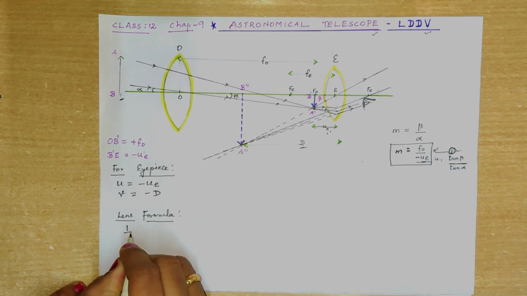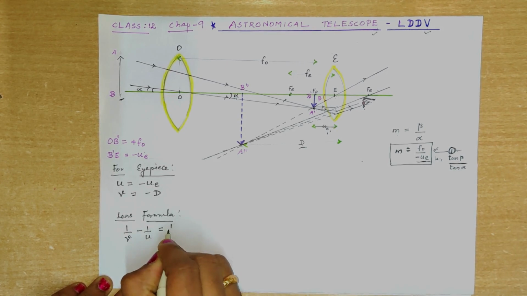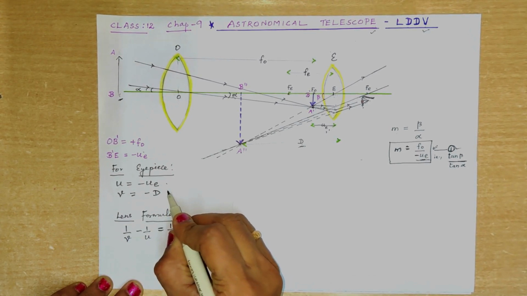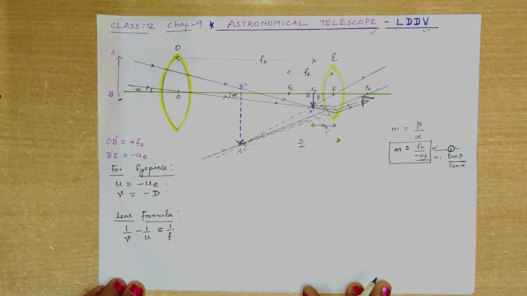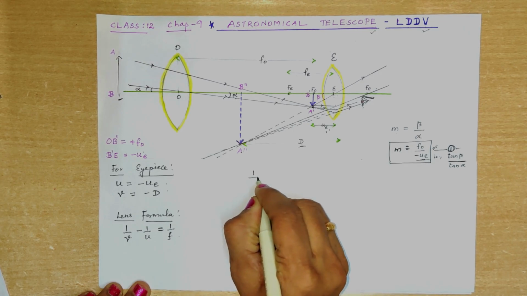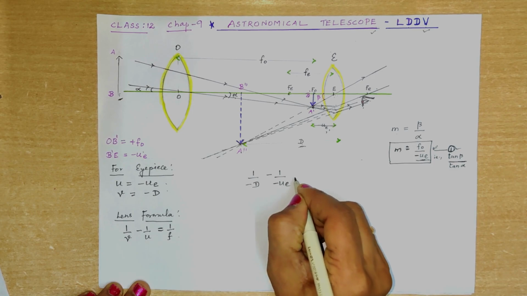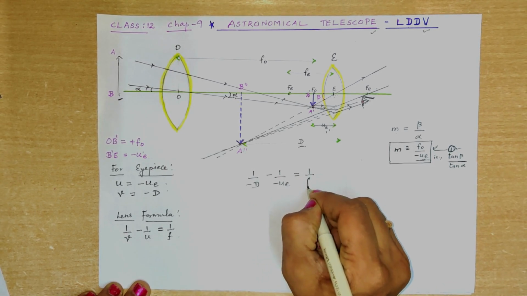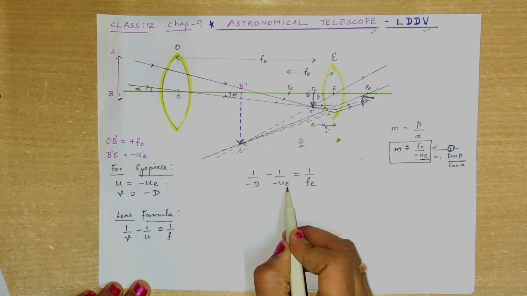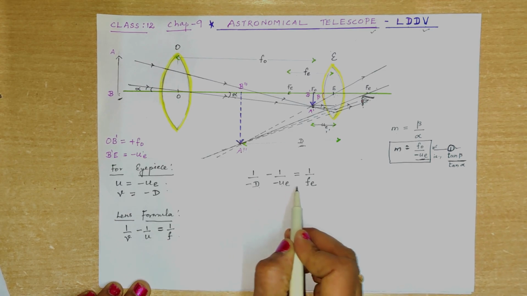Let us write the lens formula: 1 by V minus 1 by U is equal to 1 by F. Now we substitute these two values in the lens formula. Therefore, our equation becomes 1 upon minus D minus 1 upon minus UE is equal to 1 upon FE, where FE is the focal length of the eyepiece, with the object position and the image position with respect to the eyepiece, all these measurements.